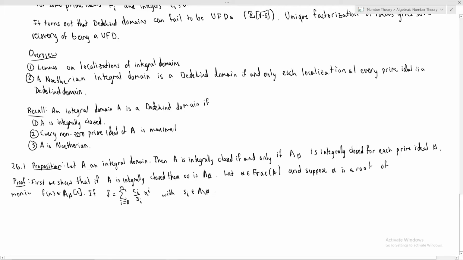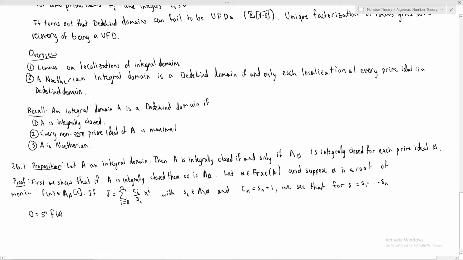And like I was saying, cn equals sn equals 1. So if f has this form, we see that for s equal to the product of all these denominators, 0 is s to the n times f of alpha.